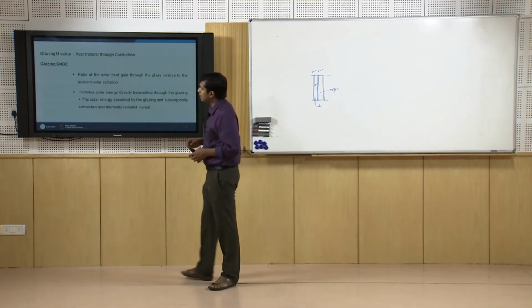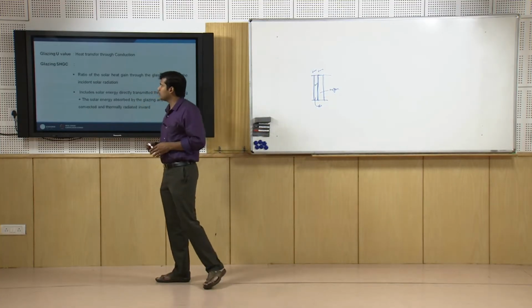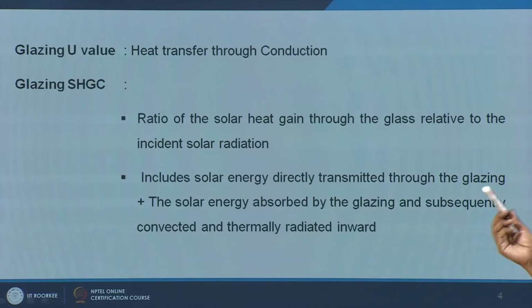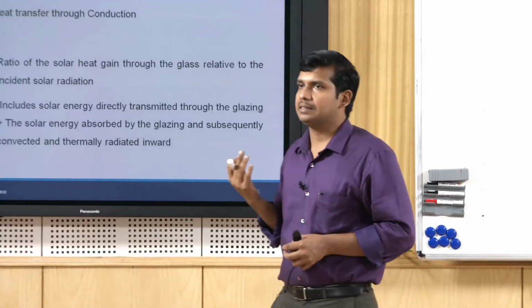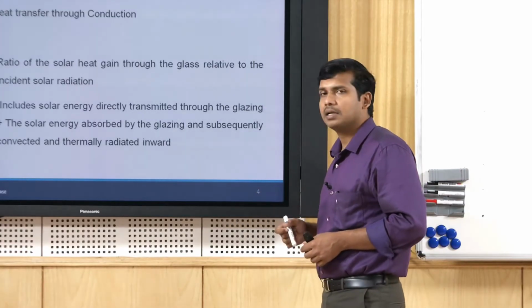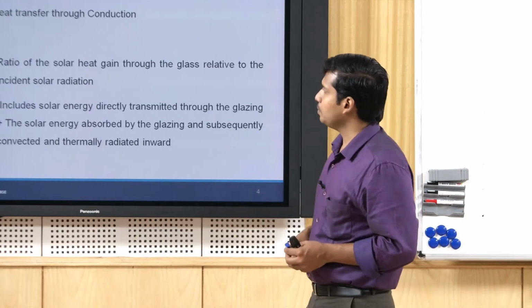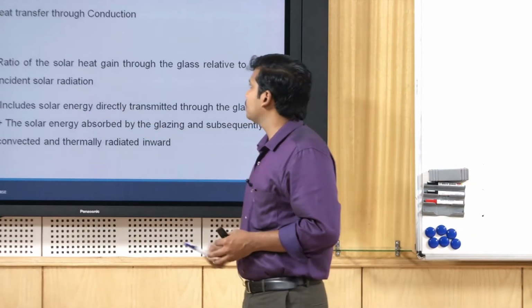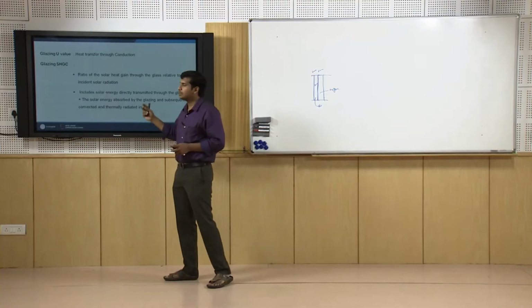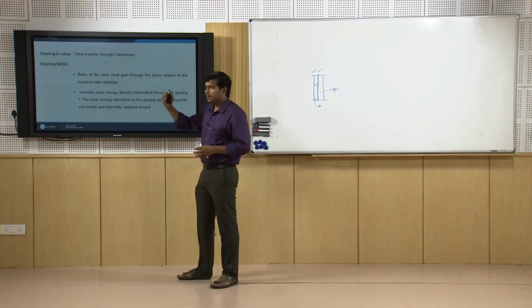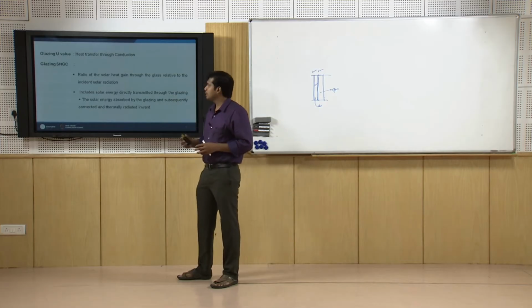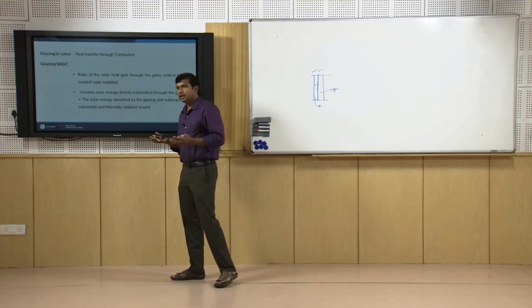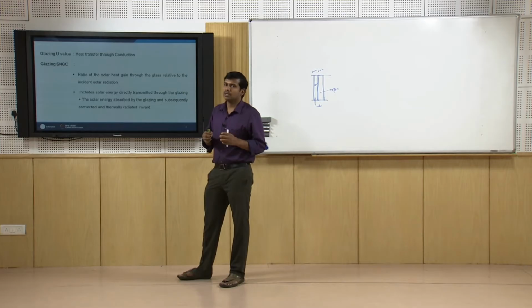Apart from this, another important factor is the solar heat gain coefficient, commonly referred to as SHGC. Some of the older codes or test standards refer to it as SC, or shading coefficient. We will look at the relation. It simply gives you the ratio of solar heat gain through the glass relative to the incident solar radiation. So what happens when solar incidence happens on the glass? It is the proportion of the solar energy directly transmitted as well as absorbed and re-emitted.